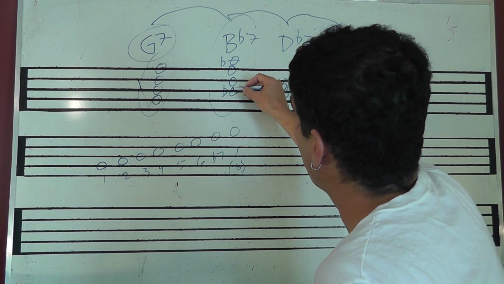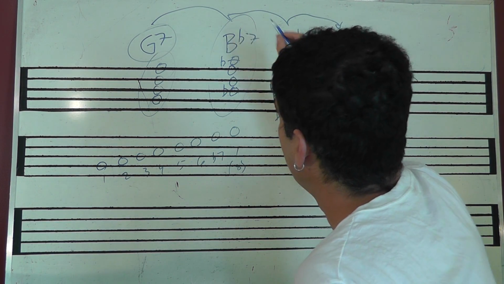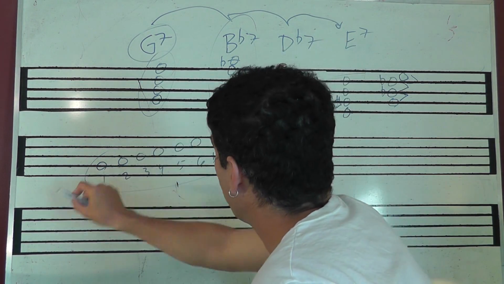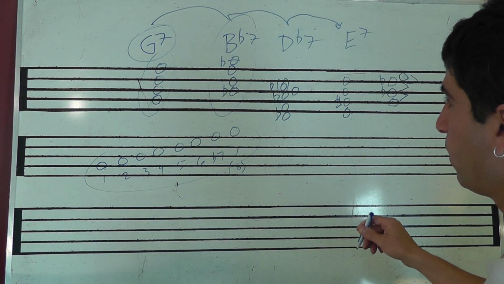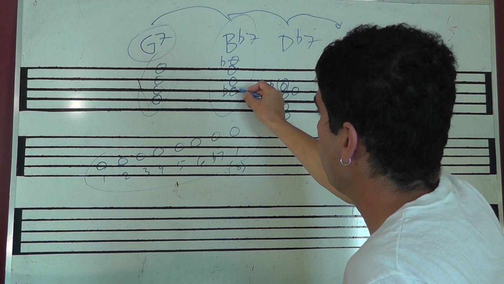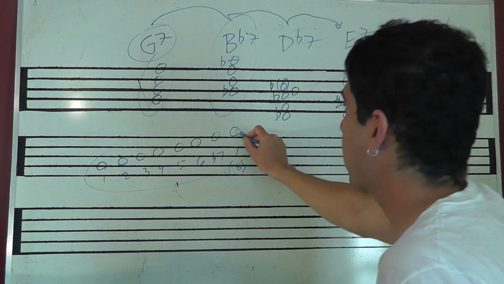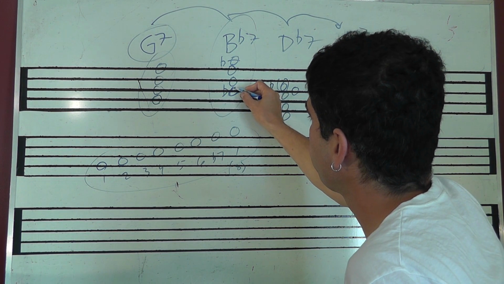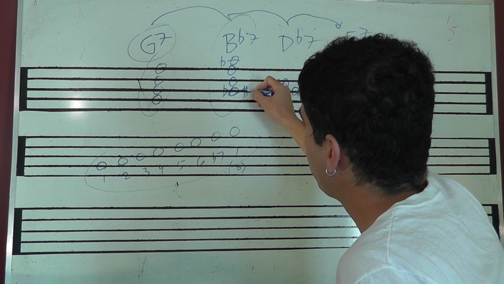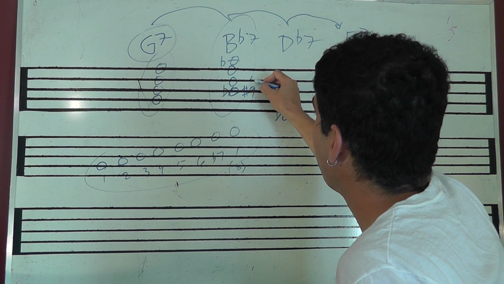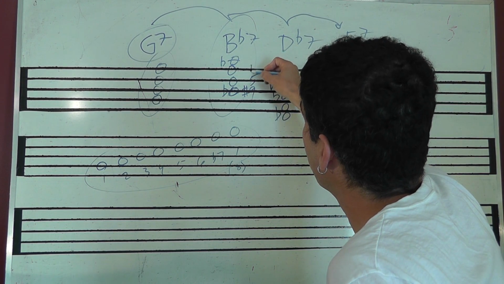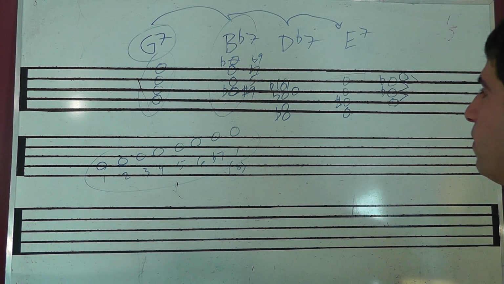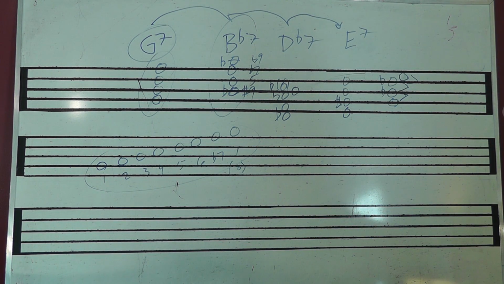So if you play this chord over this scale, or if we're relating these notes to this scale, then what you have here is a B flat. You've got sharp 9, you've got 5, you've got flat 7, and you've got flat 9. Now, how did I get that?